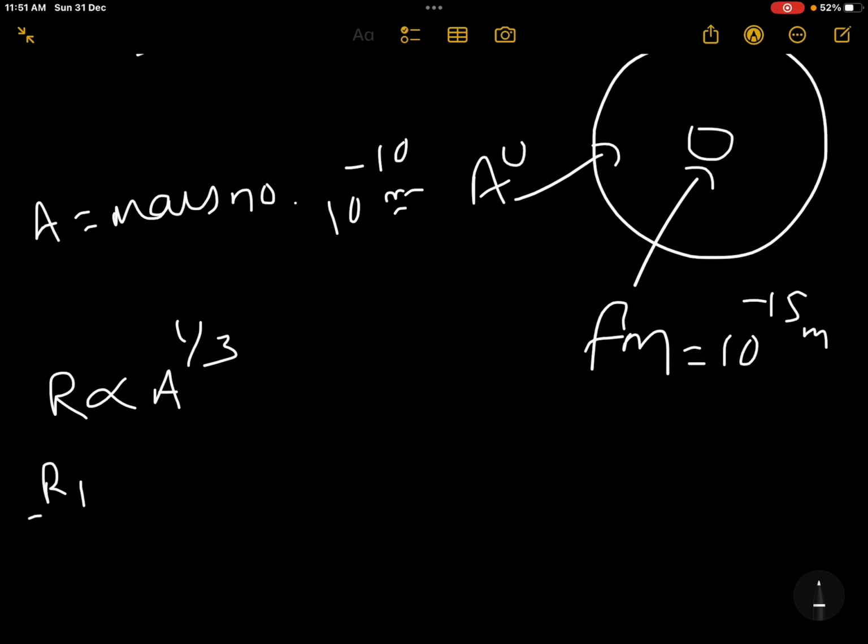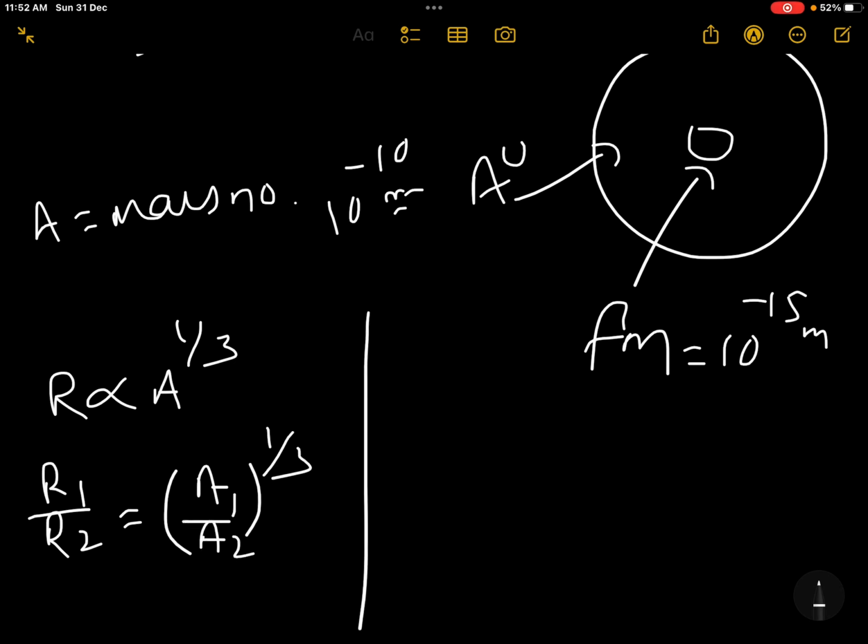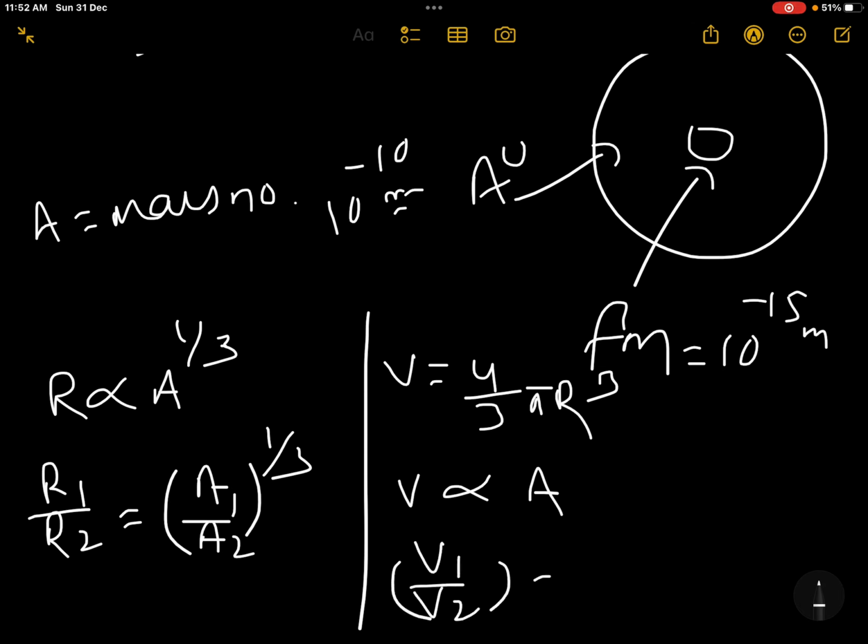So what is R1 by R2? It is (A1 by A2) to the power 1 by 3. Second thing, volume is 4 by 3 pi r cube. If you take the cube of A to the power 1 by 3, it will be A. So volume is directly proportional to mass number. So what is V1 by V2?